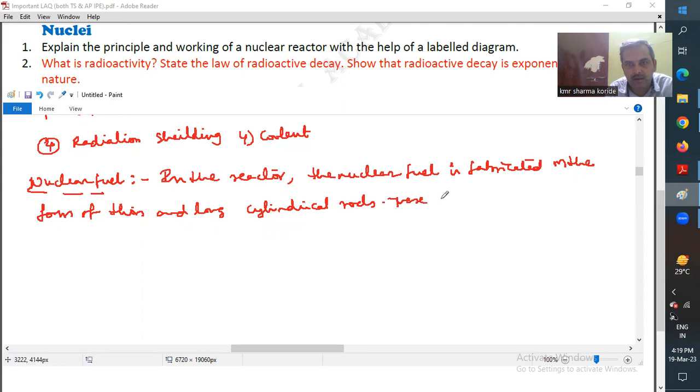This group of rods is treated as fuel assembly.